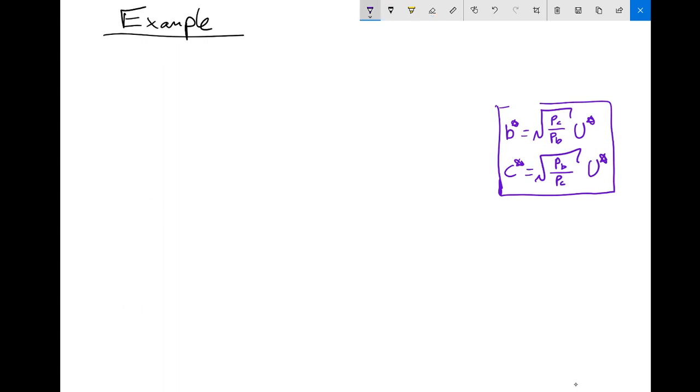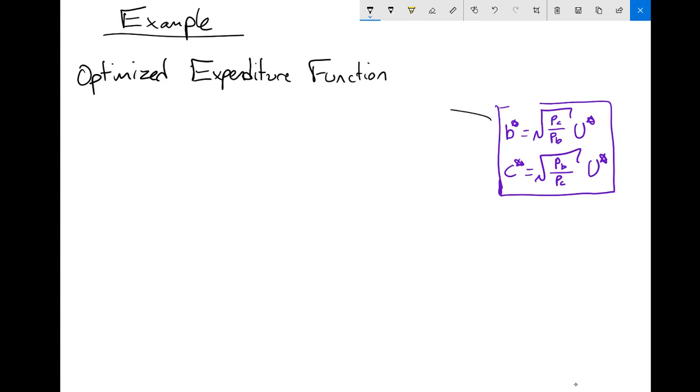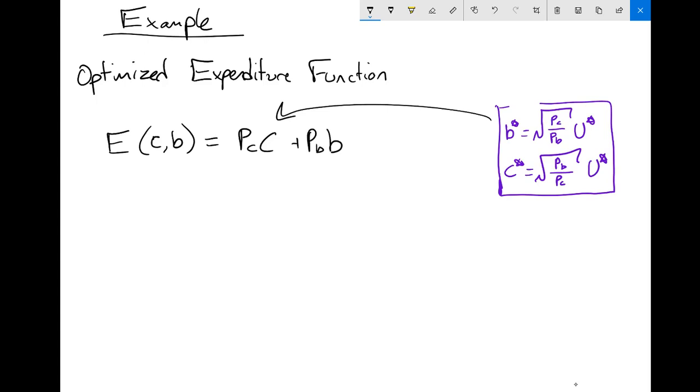All right, so let's say I want the optimized expenditure function. What I'm going to do is take these values and plug them back into the expenditure function. Okay, remember it's PC C plus PB B. Now I want the optimized expenditure function.